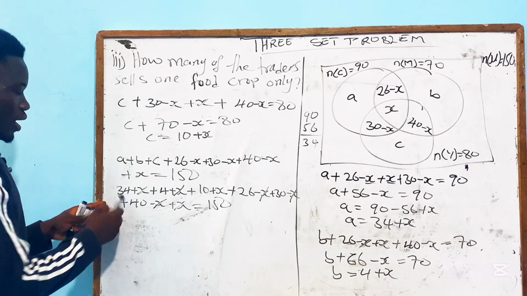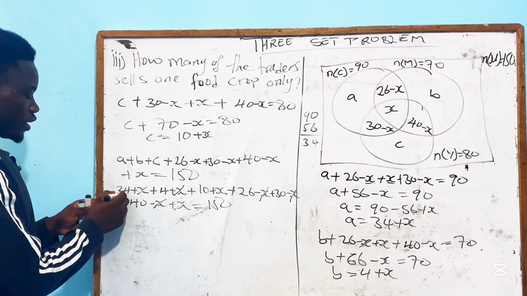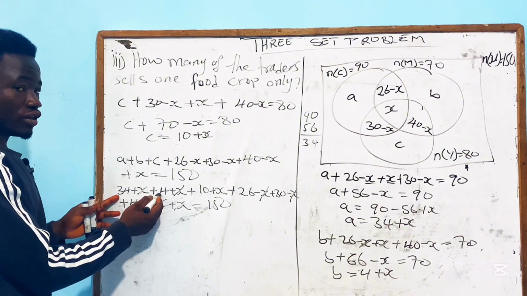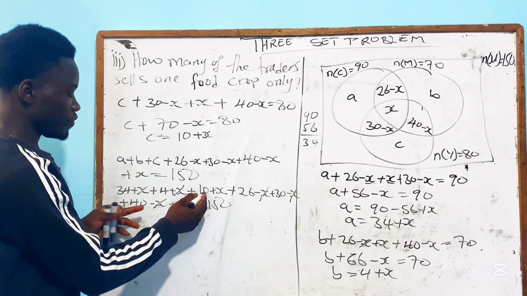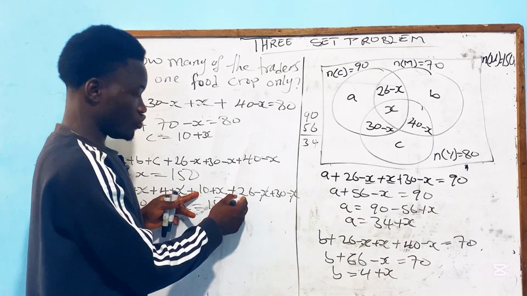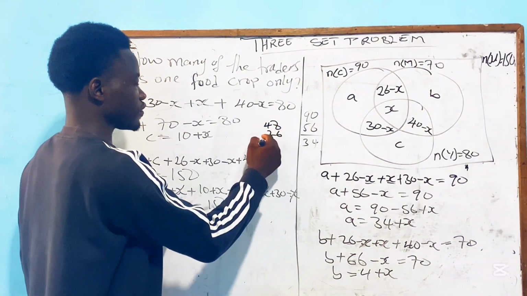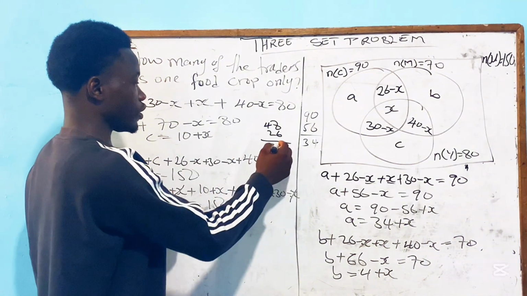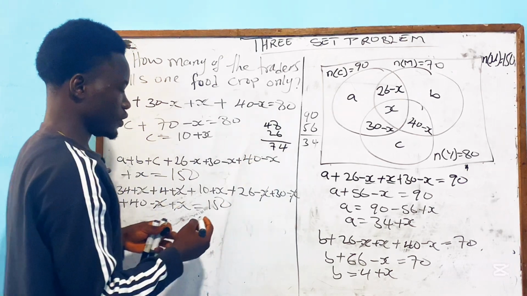Now we can add all the numbers. 34 plus 4 is 38, plus 10, 48, plus 26. So we have 48 plus 26, which is going to give you 74.